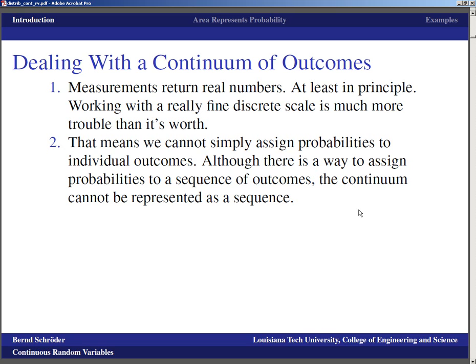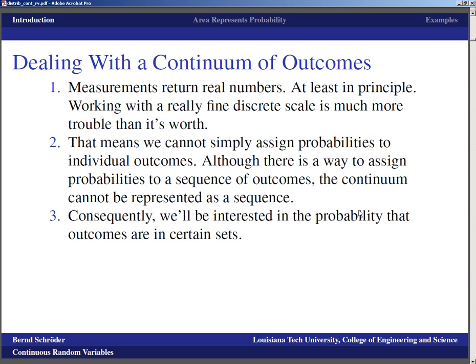There is a certain way to determine that the interval from 0 to 1 contains more numbers than the natural numbers. So consequently, what's happening is that we're going to be interested not in the probability of individual outcomes, but we will be interested in the probability that outcomes are in certain sets.